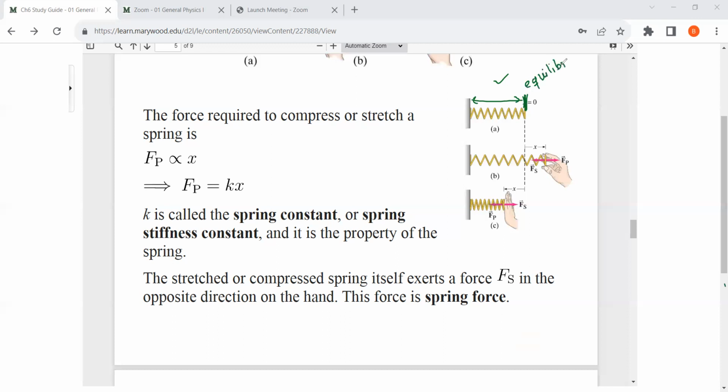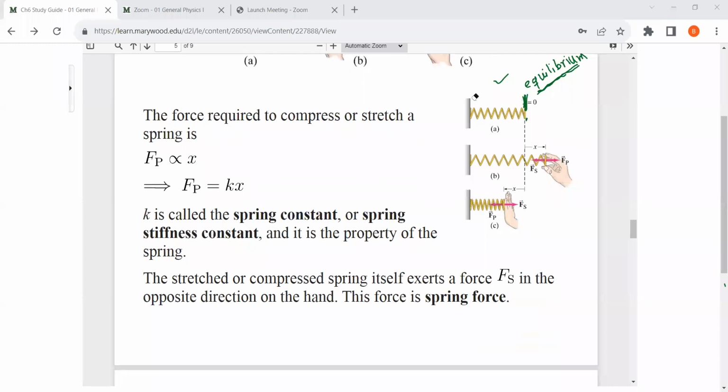We'll be using this phrase several times, so remember that when the spring is not stretched or compressed, the position of the spring is called the equilibrium position.